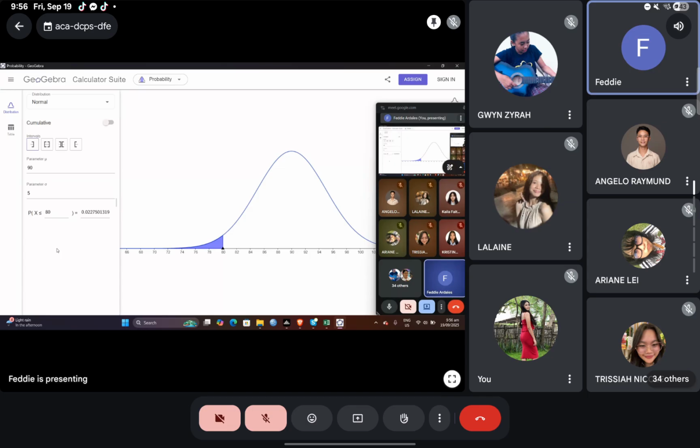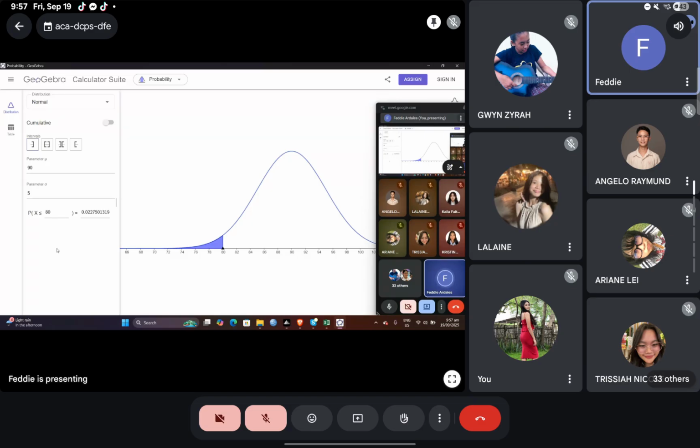It will give you the shaded region to the left of 80, which approximately equals 0.02275.